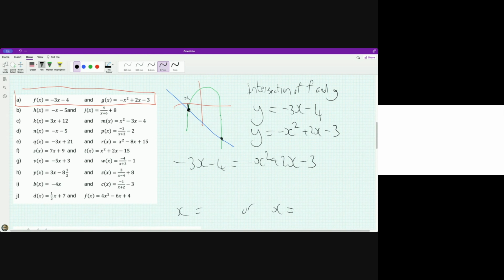Visually, there would be one here, and there would be one here. So off you go.